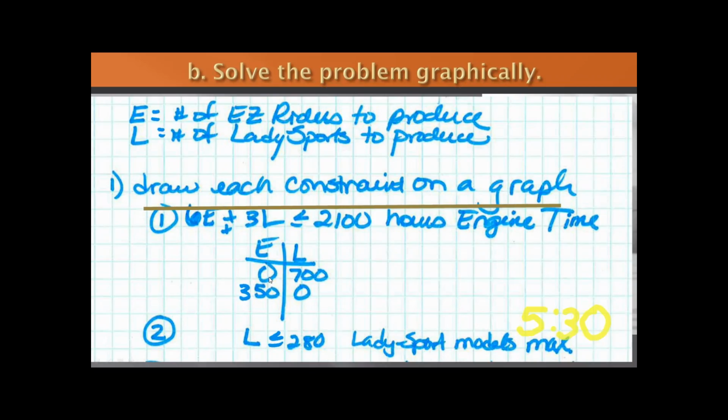So here's 1 point here, 0,700. Same thing, if we let L equal 0, now we have E equals 2,100 divided by 6, or 350. Well, there's a point right there. We also already have the line for lady sports. It will always be 280 no matter what E is.